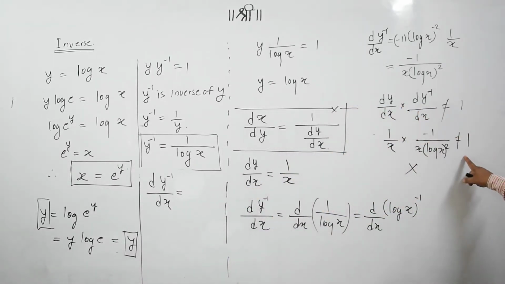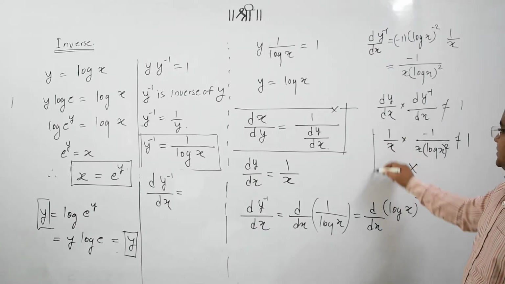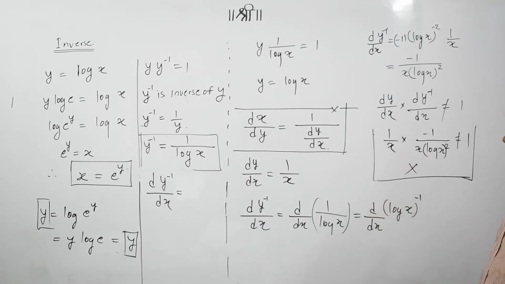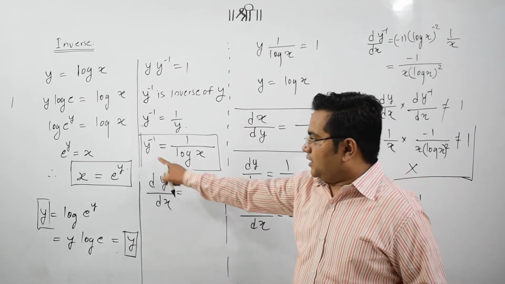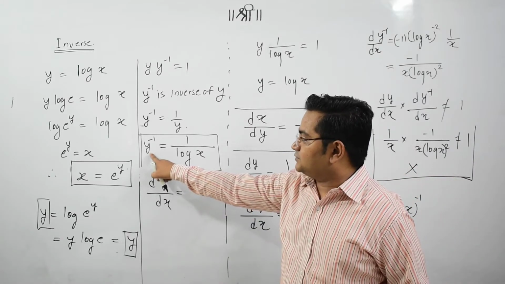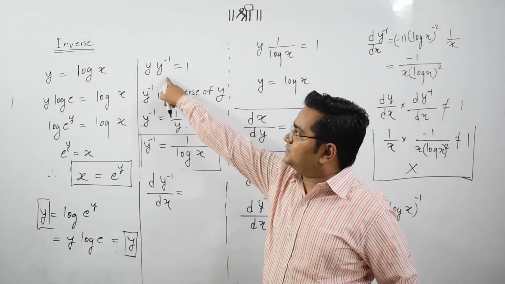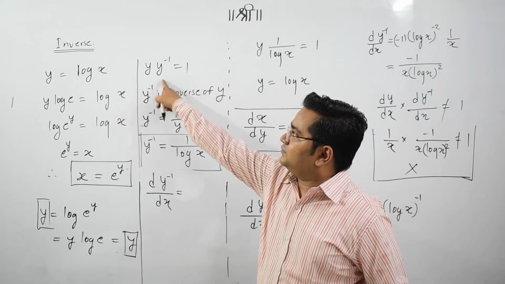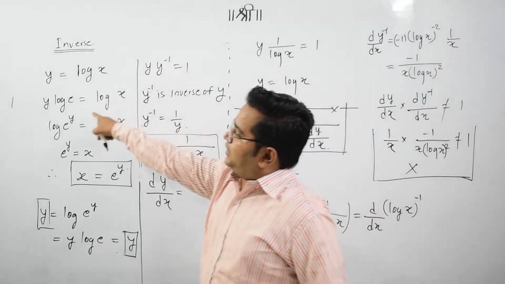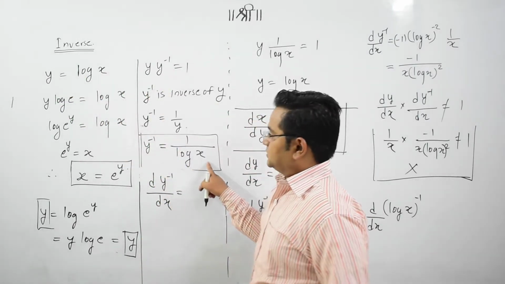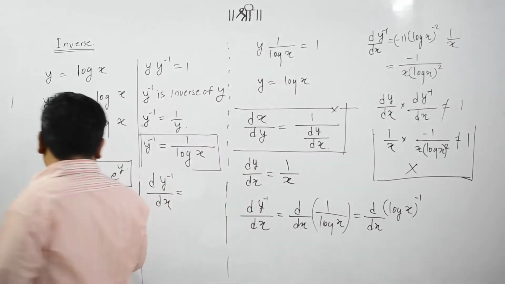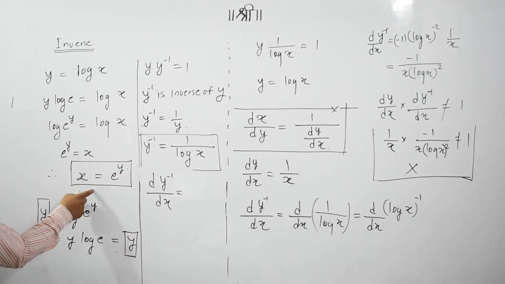Over here this equation deals with the most important point, and I am repeating it again and again: this y raised to minus 1 is not the functional or operational inverse of this y. So what is our y? y is equal to log of x. So it should not have this inverse. It should have this as its inverse.